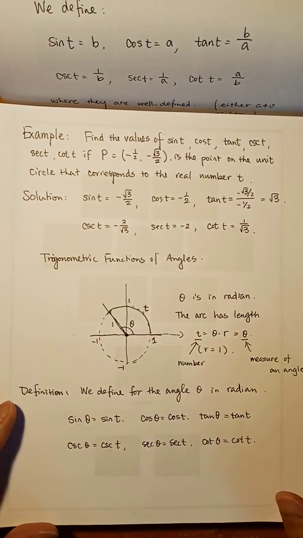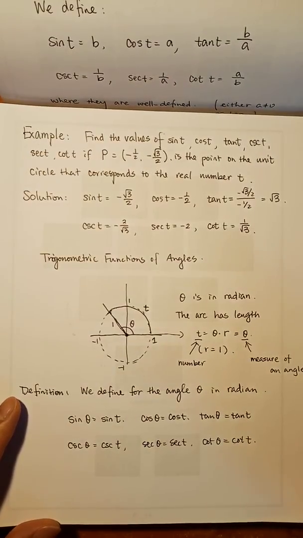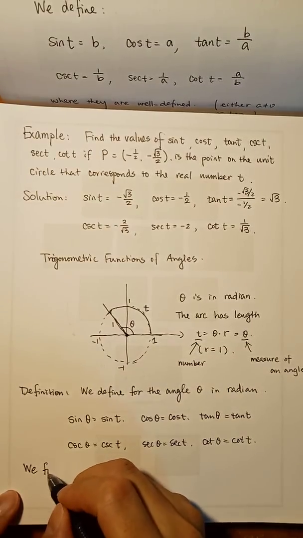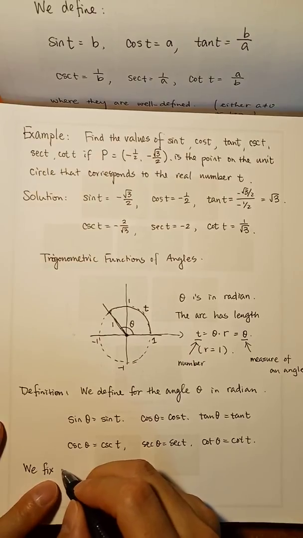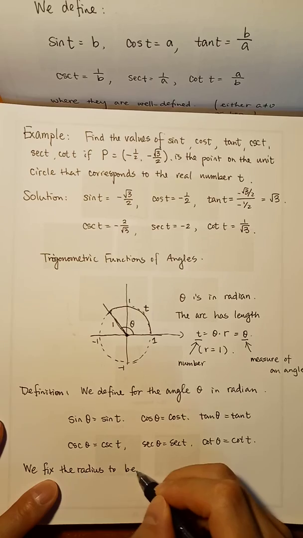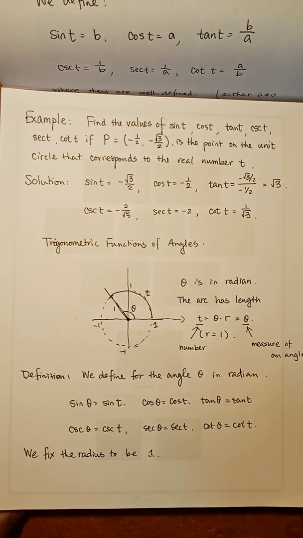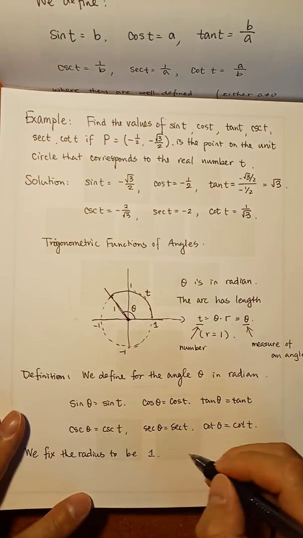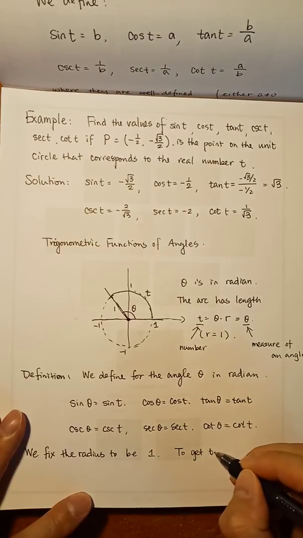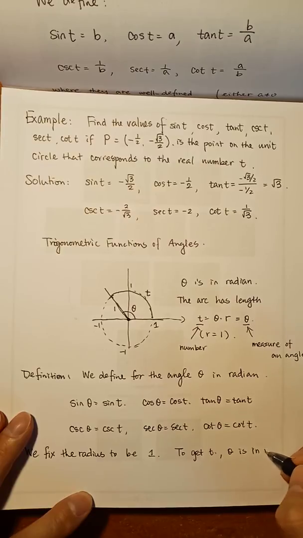So that's the stuff we have. First, let's say here we fix the radius to be 1. So we always put this as our hypothesis. We fix the radius to be 1, and in order to get t, theta is in radians.